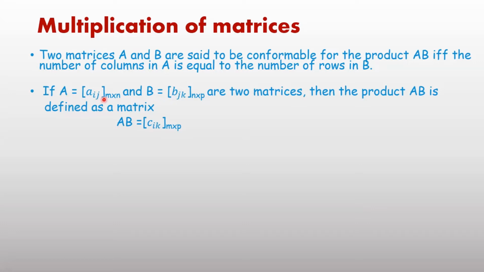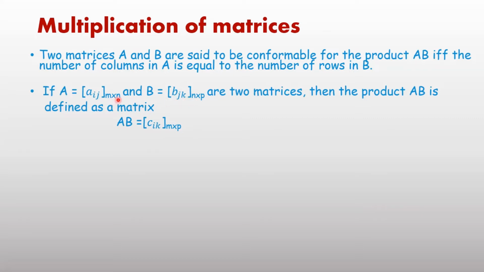If A is given of order m by n, here m represent number of rows and n is number of columns, then matrix multiplication is possible if number of columns n is same as number of rows in the second matrix. First matrix is order of m by n, second matrix is of order n by p. Here you can observe n and n both remain same.